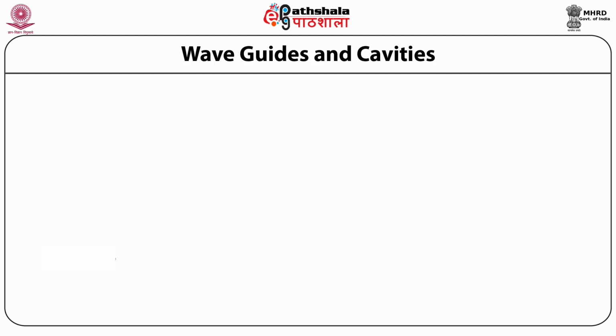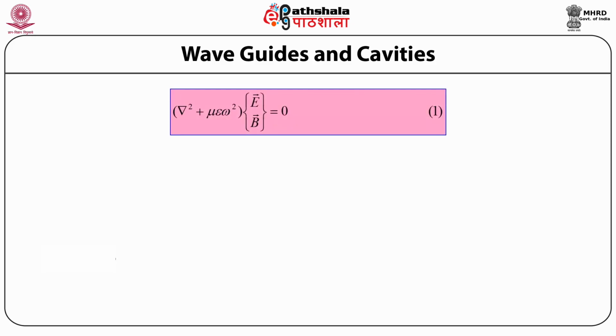For such a situation, we can combine the Maxwell's equations to give two equations, that is, the homogeneous equations can be combined into one equation and rewritten as del square plus mu times epsilon times omega square, whole within brackets, times the magnetic field induction vector B is equal to 0.